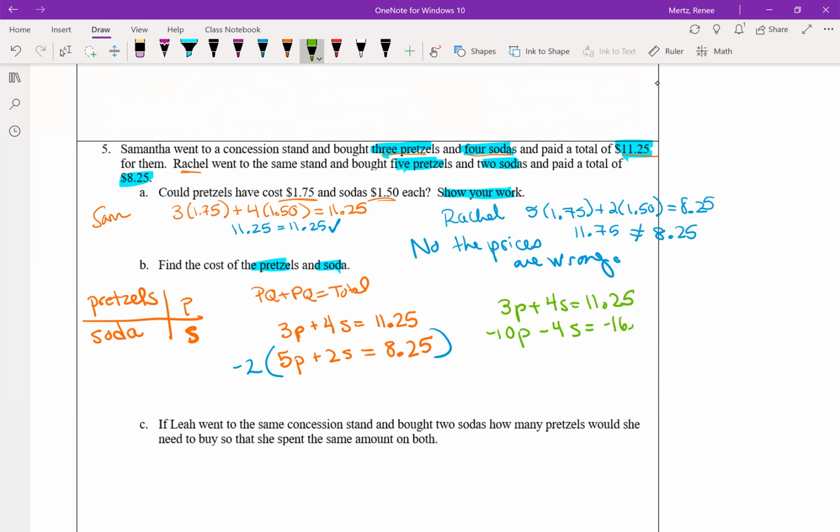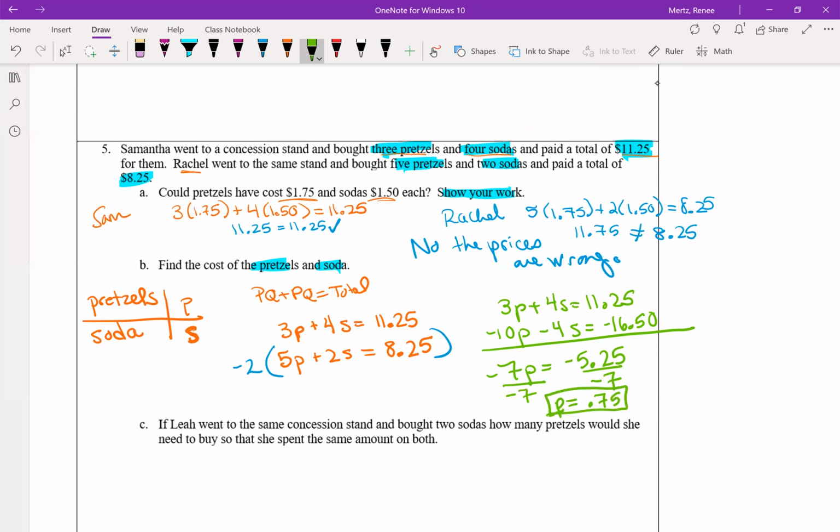So -16.50. We can't get a negative value, but because we're dividing a negative by a negative, it will work out. Then I'm going to divide by -7. Hopefully it divides nicely and makes real money. $5.25 divided by 7 gives P equals 75 cents.